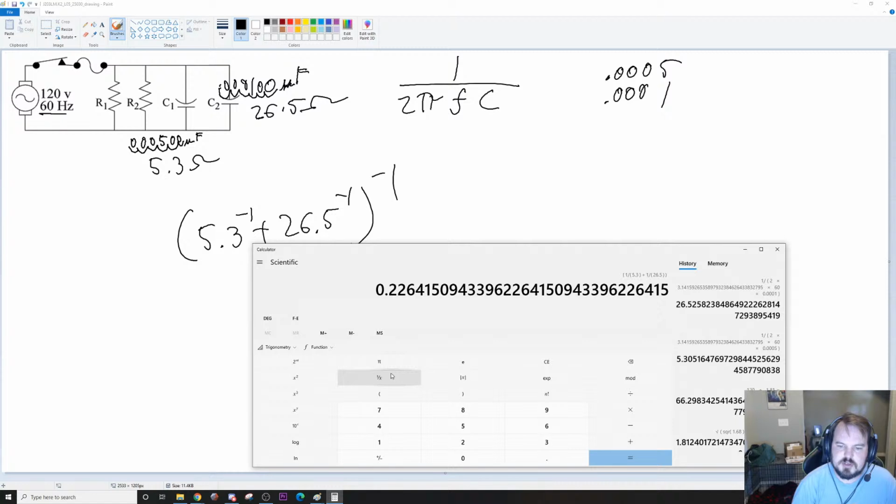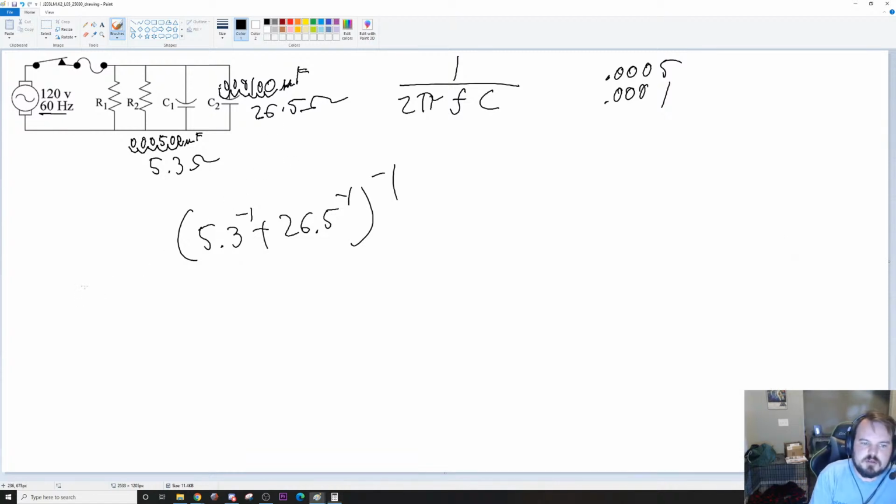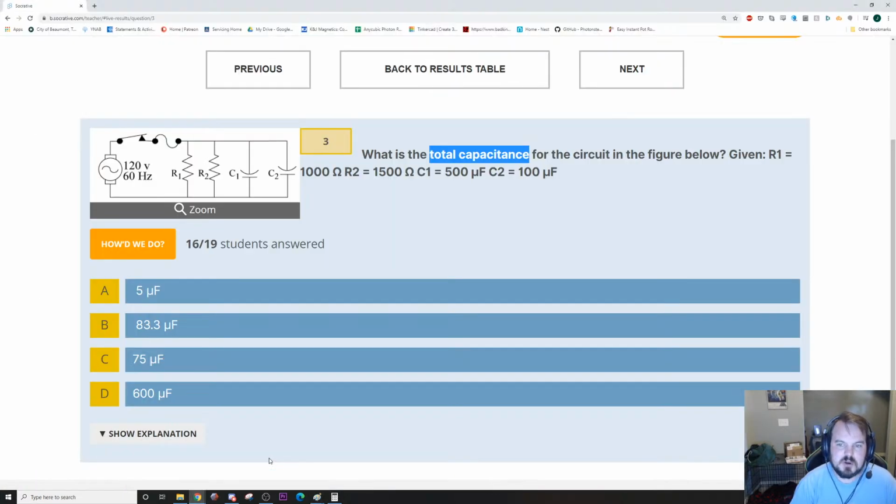Close the parentheses, 1 more to the negative 1. 4.41 ohms. And watch, I think I'm going to look back and see I misread. They were asking for total capacitance, not total capacitive reactance. Total capacitance. Yep.